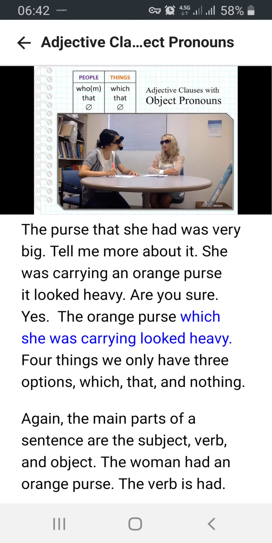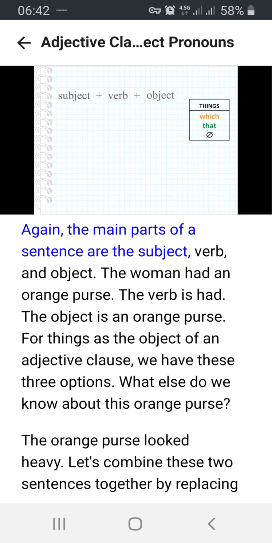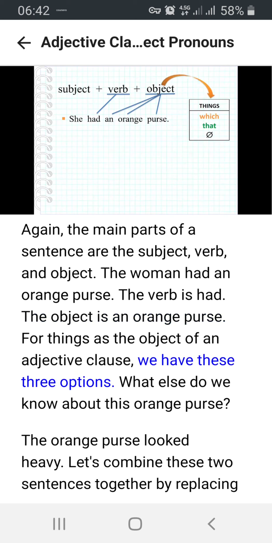For things, we only have 3 options: which, that, and nothing. Again, the main parts of a sentence are the subject, verb, and object. The woman had an orange purse. The verb is had. The object is an orange purse. For things, as the object of an adjective clause, we have these 3 options.